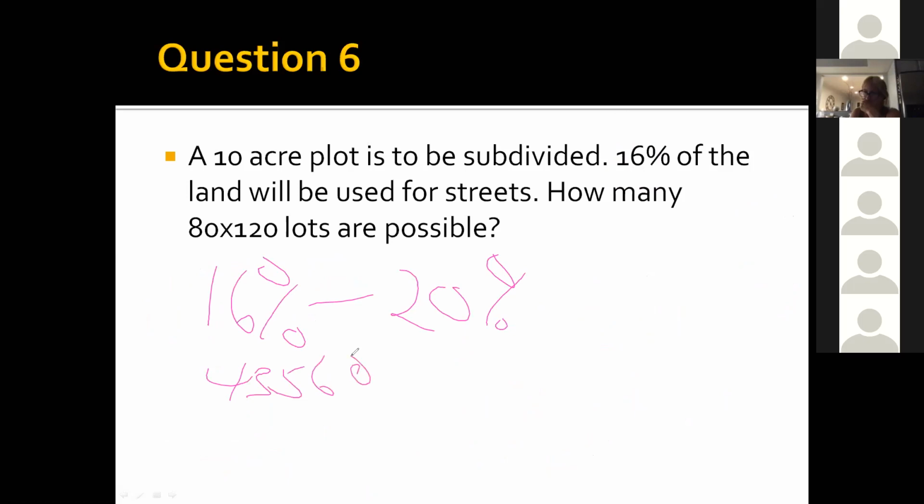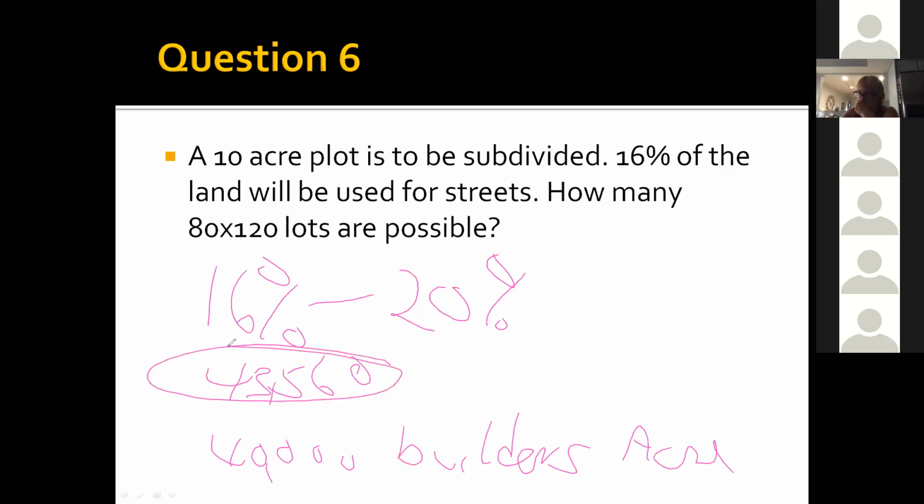They call a builder's acre 40,000 square feet because that gives some room for streets. This is a builder's acre, which is not a real thing, but that's what they call it because you have to have some for the streets. An acre, as far as the test is concerned and as far as math is concerned, is 43,560 square feet.